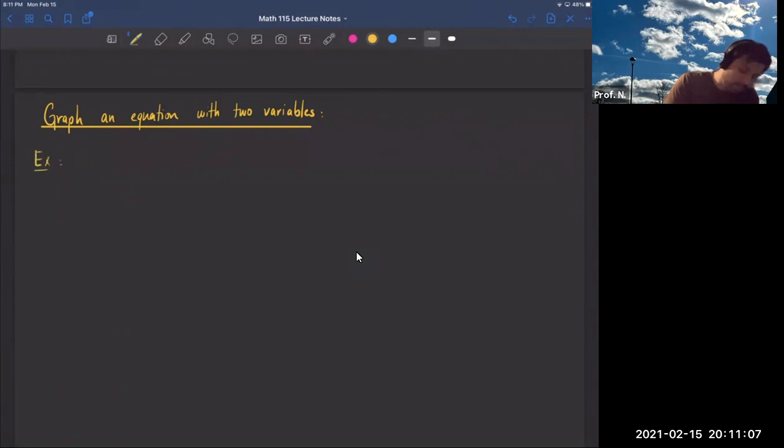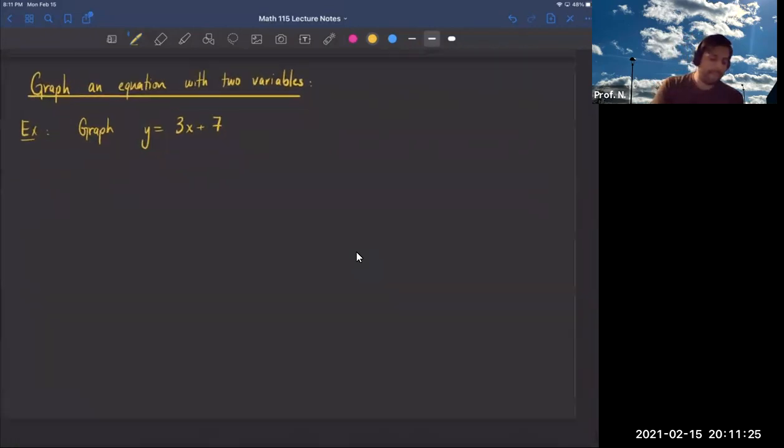again, these are just examples. I want to graph y equals 3x plus 7. Some of you may notice what kind of graph this will end up being. But let's suppose we have no idea what the graph will look like, what we will see visually.